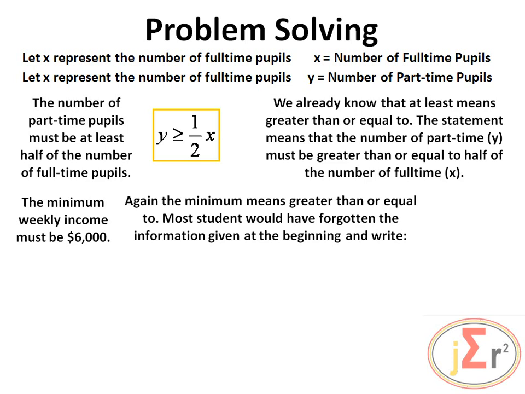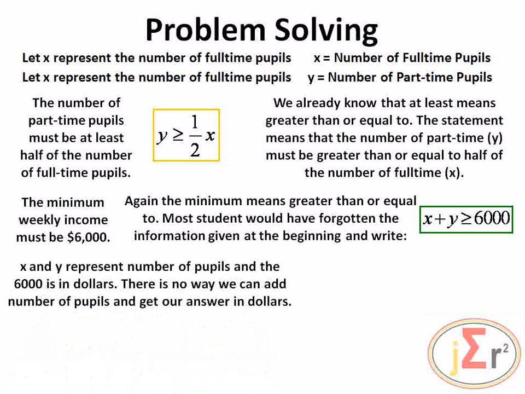Most students would have forgotten the information given at the beginning and write this down: X plus Y is greater than or equal to 6,000. But this has a serious flaw. X and Y represent the number of pupils, and the 6,000 is in dollars. There is no way we can add number of pupils and get our answer in dollars. That is just going to be impossible.